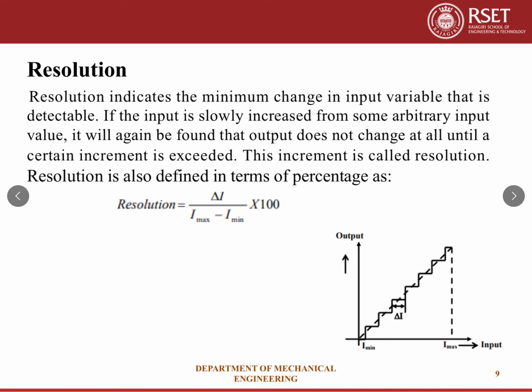If the input is slowly increased from some arbitrary value, it will be found that the output does not change at all until a certain increment is exceeded. Up to a certain level, there is no variation in the indicator output with change in the input.